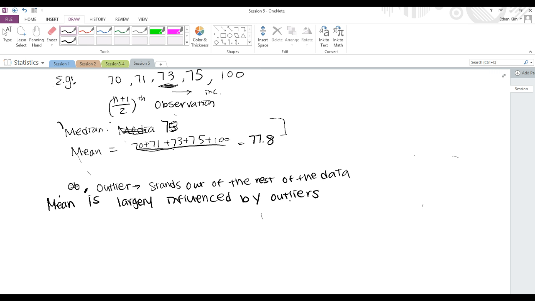That's how we measure the center, the position of the central value. Because it is important when we're looking at a data set, where is the center, right? And there are two, median and mean.